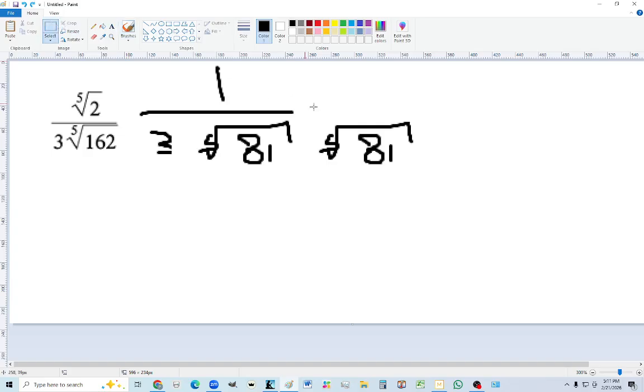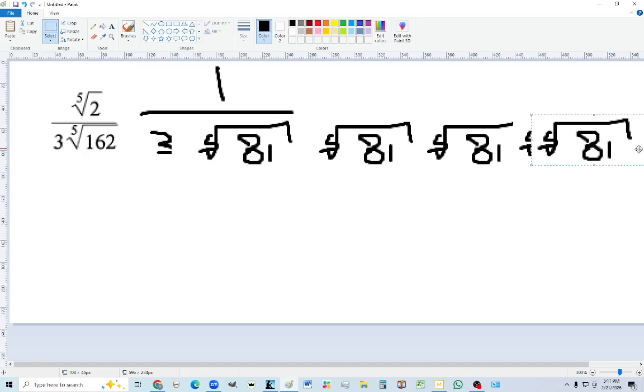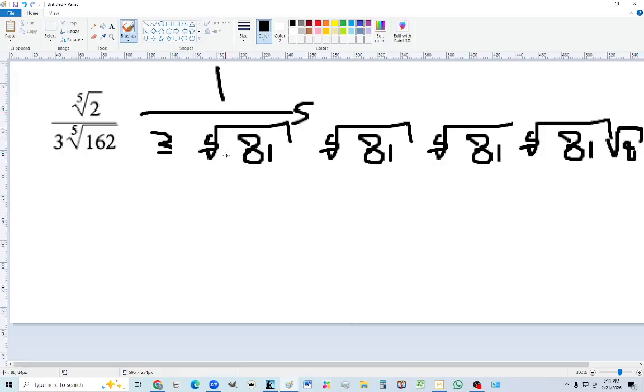You'd have to multiply it 4 more times, so that it becomes to the power of 5 and cancels out. So you'd need 4 of them for this to become 81. And then 3 times 81 is 243. And then up here, this would become 5 root of 81 to the power of 4.